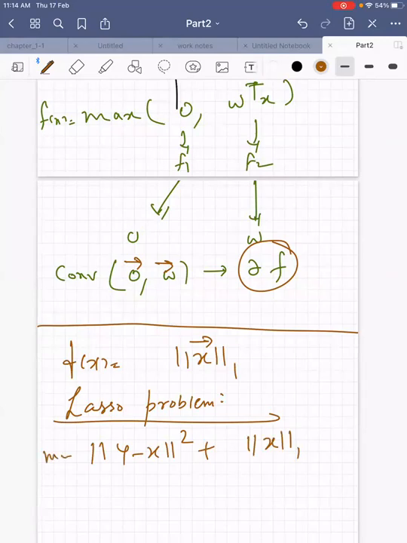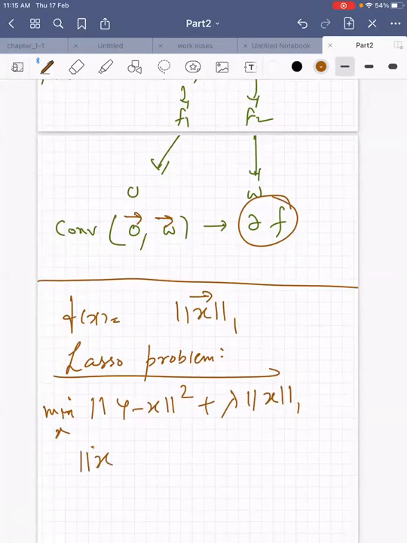Minimize, okay. Given y, find that x which is closest to this vector y. So the norm of y minus x, squared. This is one form of the lasso problem, but there are many forms. But you also have an additional term in this objective function, the one norm of x. What is the one norm of x?